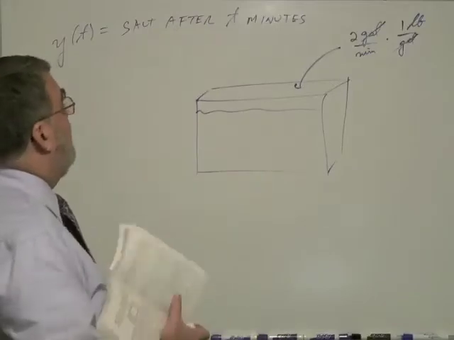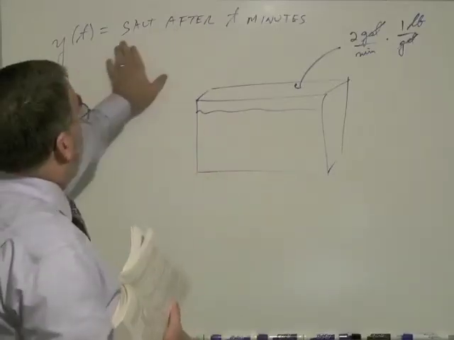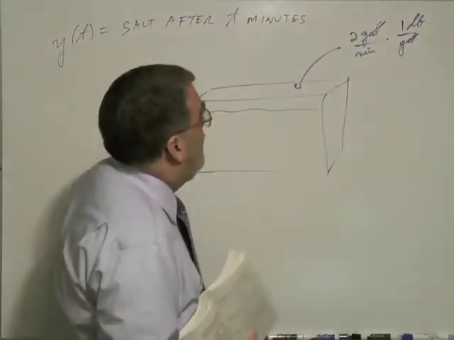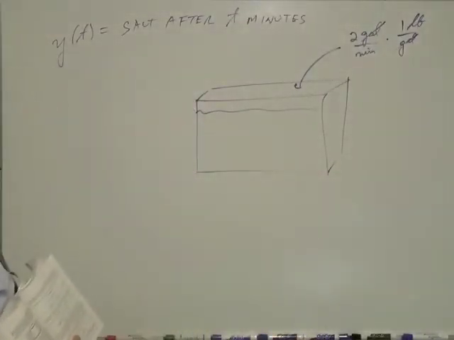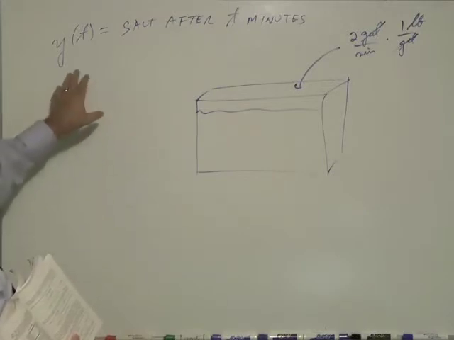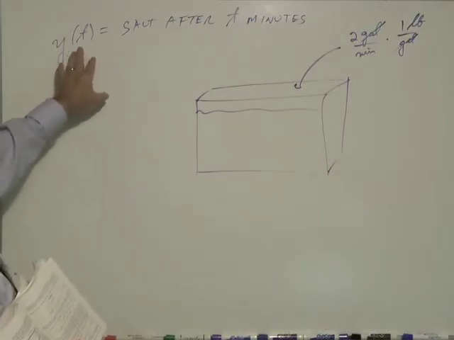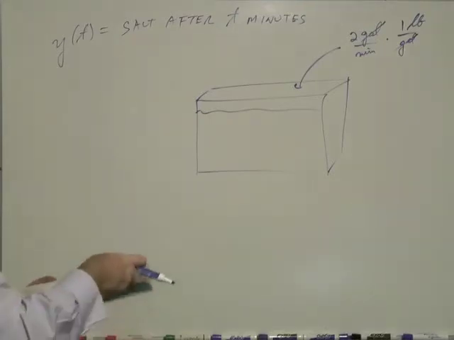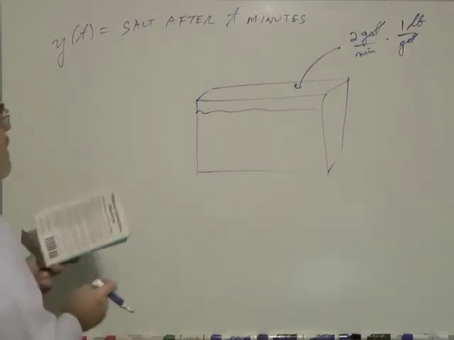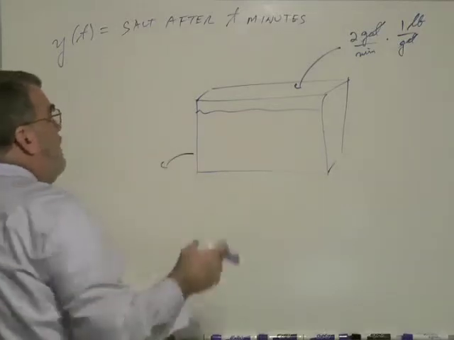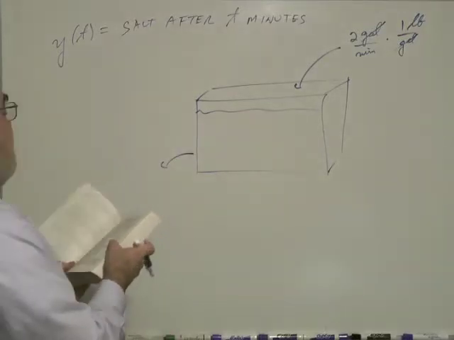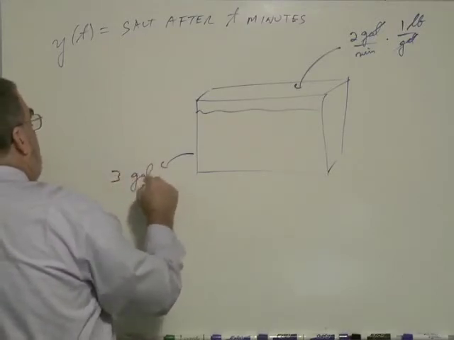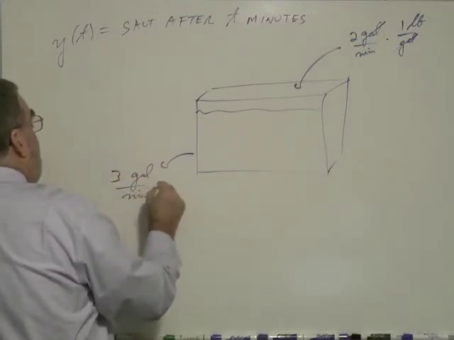This incidentally influenced why I wanted to write my function this way, because I have salt coming in at 2 pounds per minute, and the rate of change of y ends up being in units of pounds per minute. I'll explain that in a minute. Now coming out of the tank, at the same time, the water is flowing out at 3 gallons per minute.